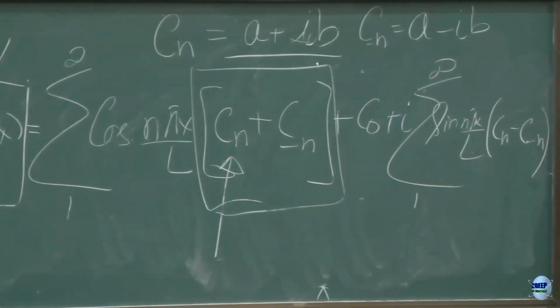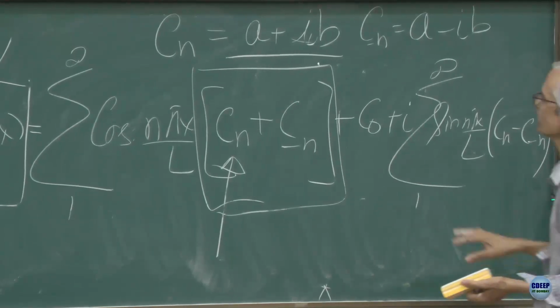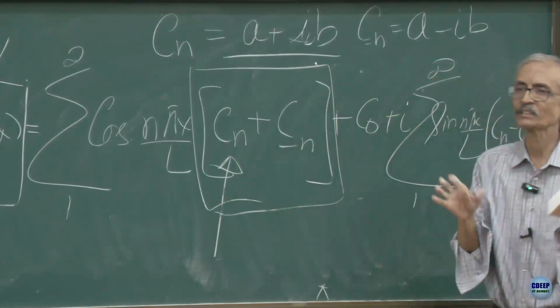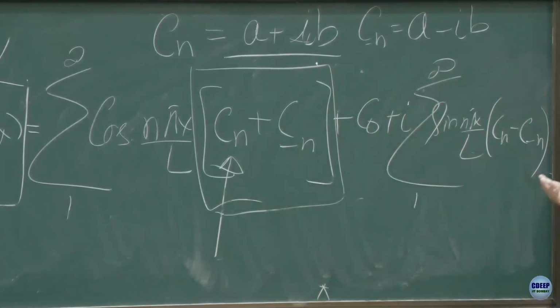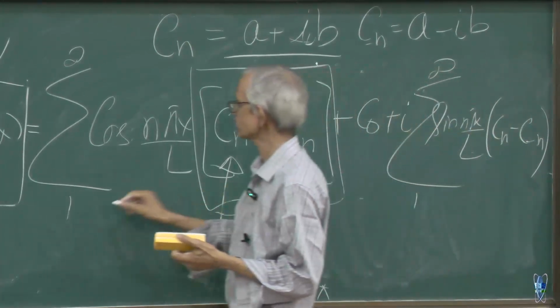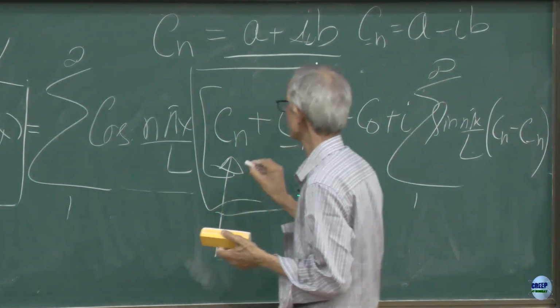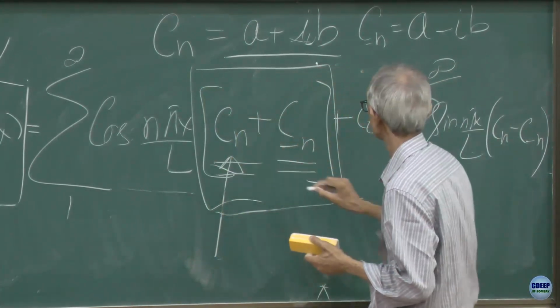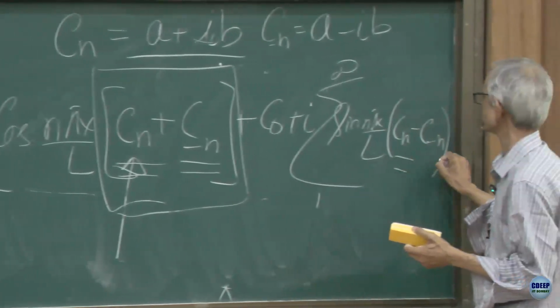f(x) is a real function and we have done some algebra and come up with something which said f(x) is going to be a complex function, but that's not acceptable to us. So f(x) cannot be complex. I have got this Cn here, these two are added together, these two are subtracted.